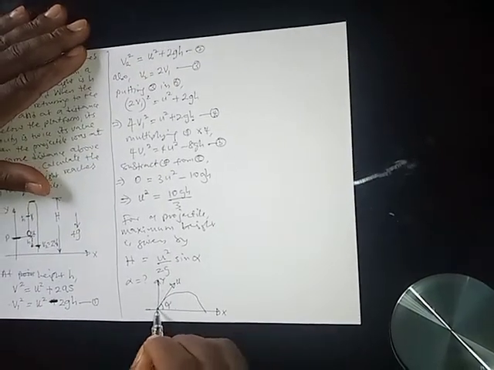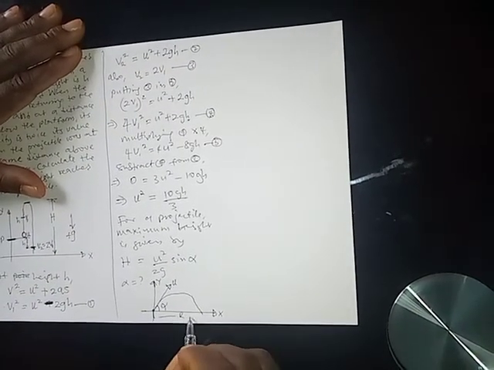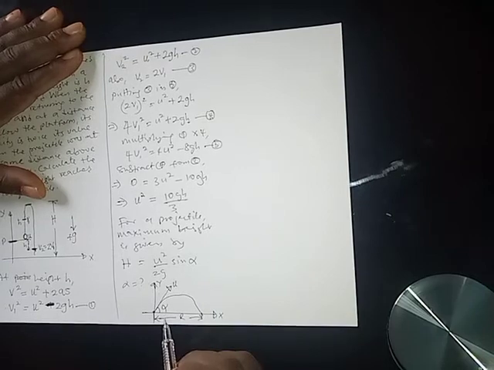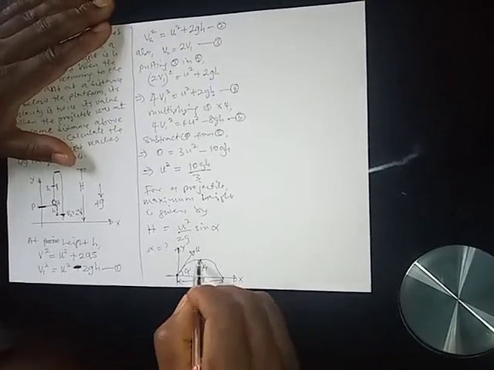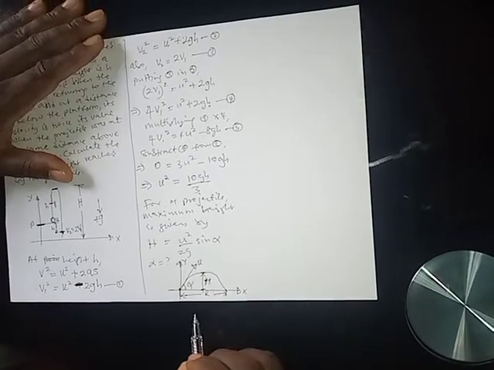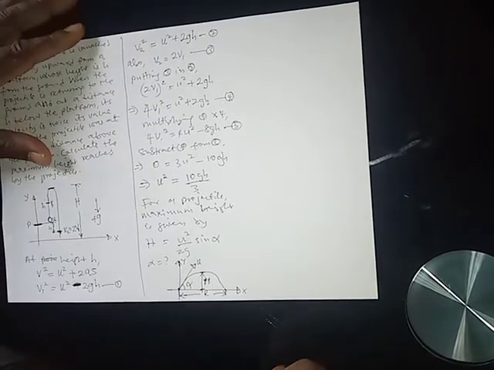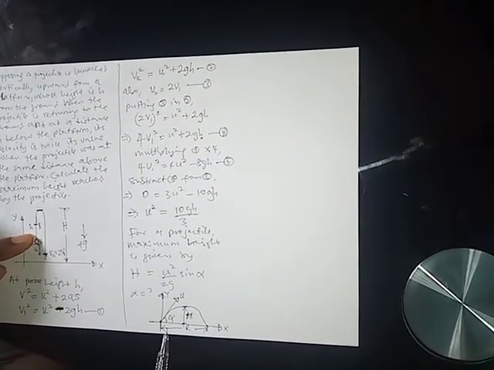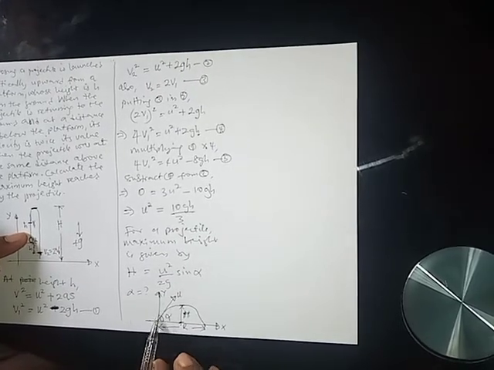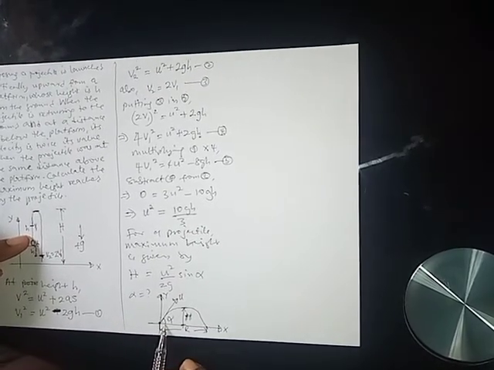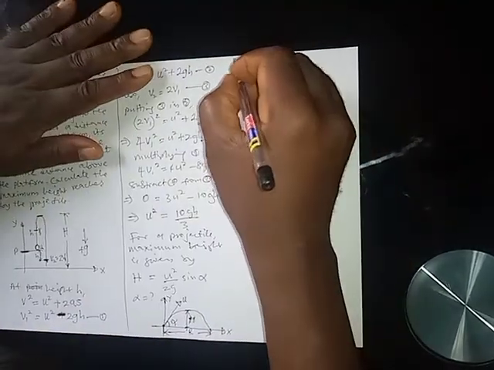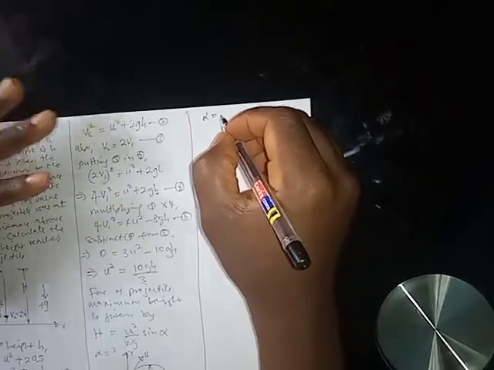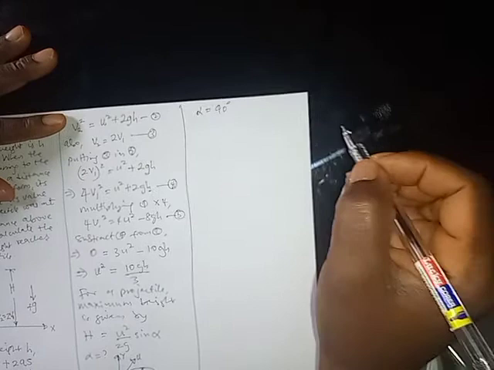Then we have range r, which is the horizontal distance covered by the projectile, and of course this is h, from here to here, the maximum height reached. And if you look now at our question, you will find out that the motion is vertically upward. So this initial velocity is vertically upward, making alpha 90 degrees for the problem we are solving here. Therefore, you can write alpha for our problem to be 90 degrees.